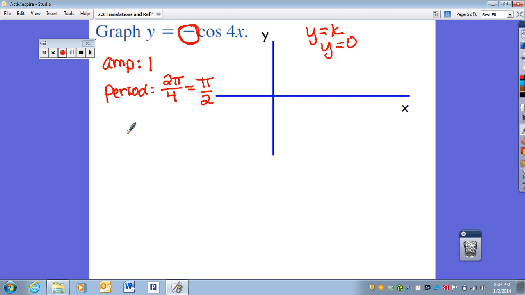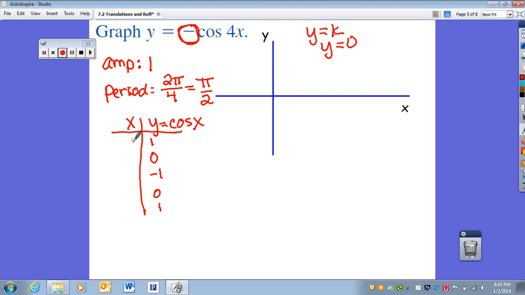So let's set up the 5 key points that we're going to graph. First of all, our amplitude is 1. So with the cosine function, remember we're at 1, 0, negative 1, 0, and positive 1.